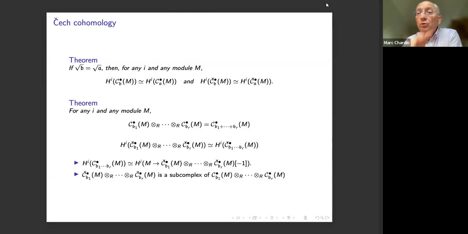Okay, because you just take the subcomplex in C dot B1 tensor dot C dot BR where, when you have something with one index 0, you replace it by 0. This gives you a subcomplex. And this is this one. Okay.